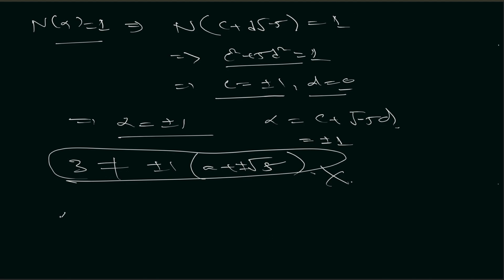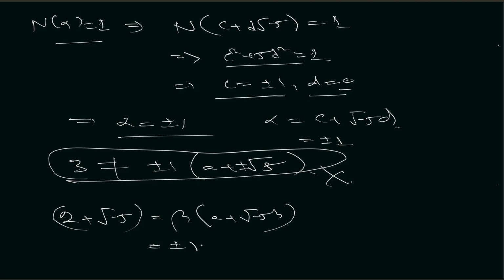Similarly, if we have 2 plus square root of minus 5 equal to some beta times a plus square root of minus 5 into b, this is not possible, because similarly beta is plus minus 1, and this is also absurd.